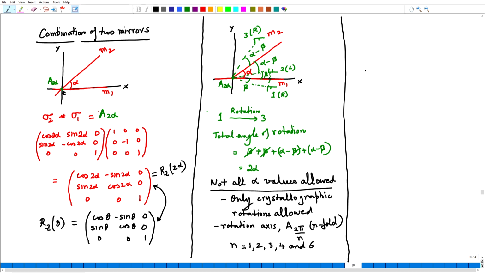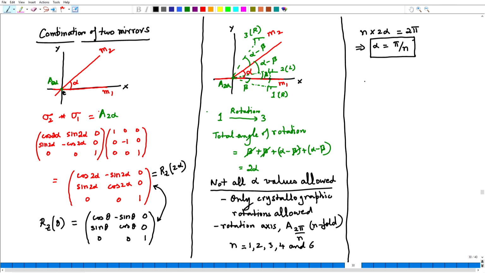So, very clearly n into 2 alpha has to necessarily be equal to 2 pi, which means that alpha would be equal to pi upon n. So, this is where the restriction on alpha will come, the angle between the two mirrors.